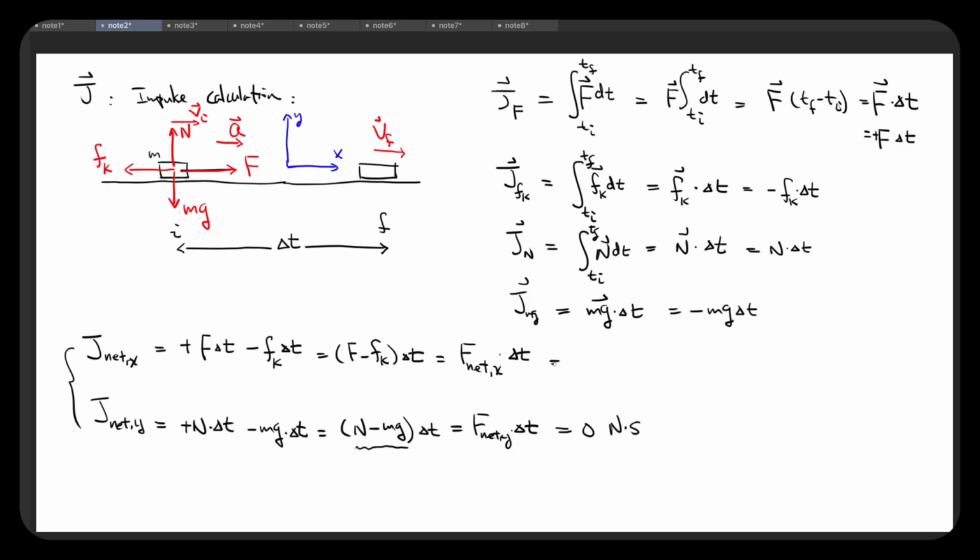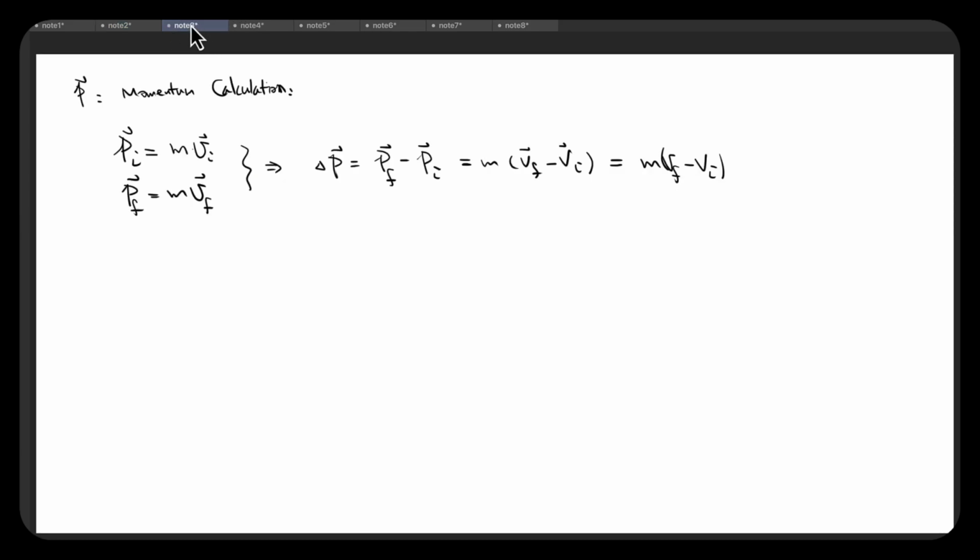So let's see, the net force in the x direction is ma in Newton's second law, right? And that times delta t. So let's see, what is that? The velocity we know from kinematics, right?